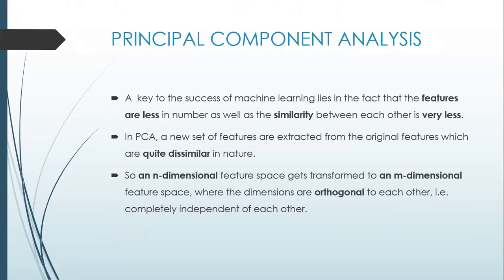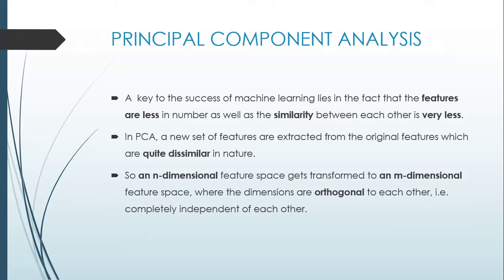So we expect machine learning algorithms to use fewer features comparatively to other algorithms so that they can achieve consistency quickly. In PCA, we can derive a new set of features which are extracted from the original features and are quite dissimilar in nature. For example, if we have an n-dimensional feature data set, we can convert it into m-dimensional.